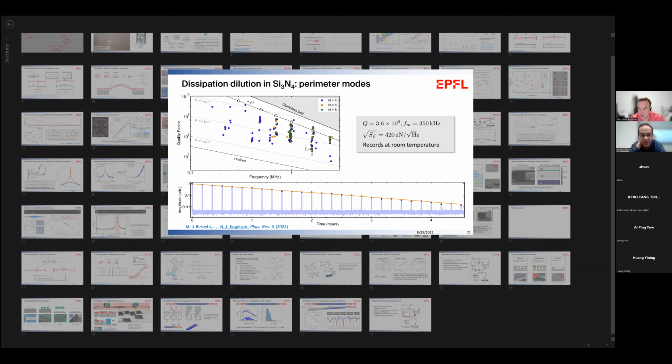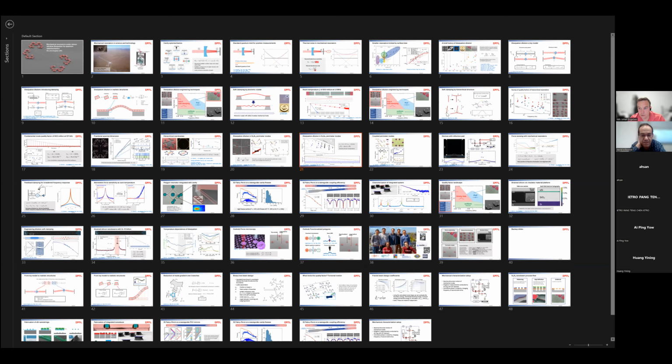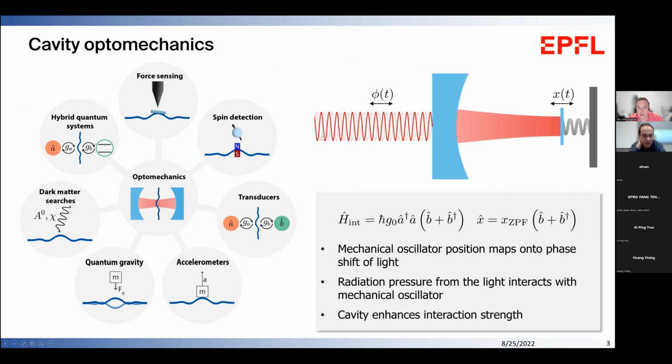Yeah. So let me find this slide. Basically, the way that we can cool these oscillators is by feedback. So we measure their position and act back on them to cool them down.